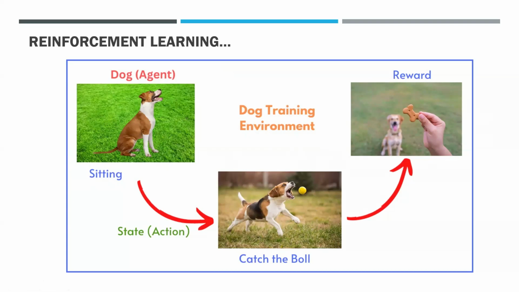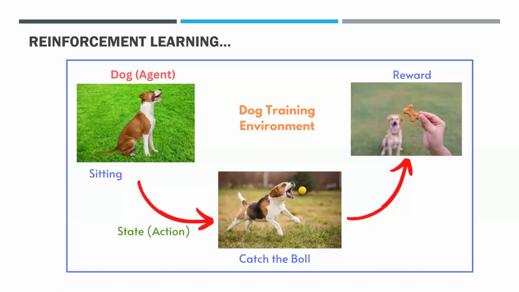Okay. So whenever you throw the ball, if the dog catches the ball, then you are going to give some reward to that dog. So what will the dog understand? If you repeat this process multiple times, then the dog will come to know, if I catch the ball, then I get this reward, and if I do not catch the ball, then I do not get the reward.